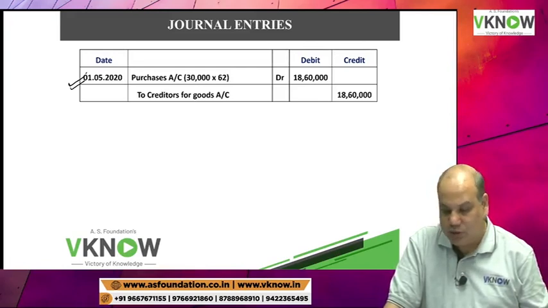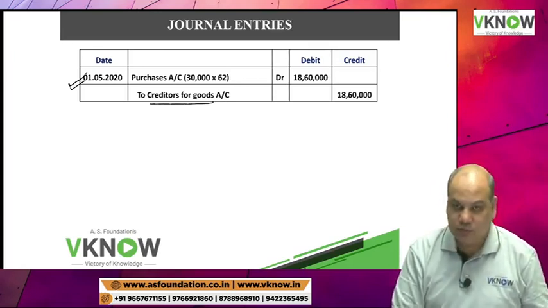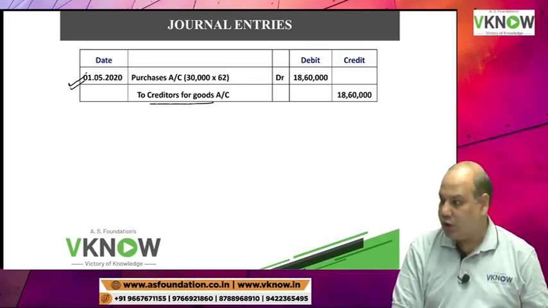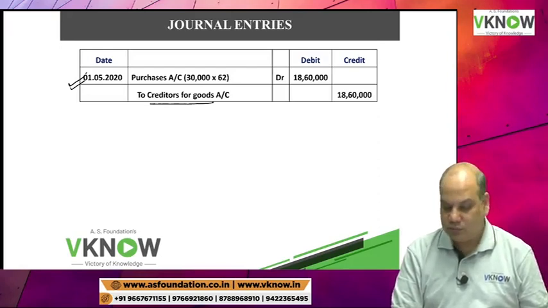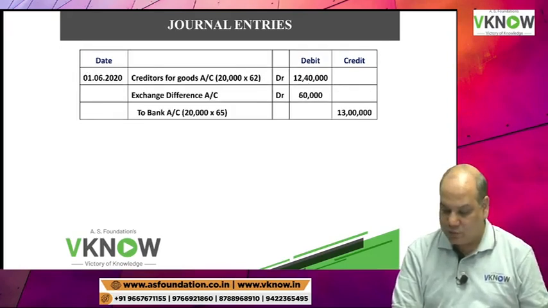Continuously follow me. 30,000 into 62 is 18,60,000. To creditor for goods 18,60,000.